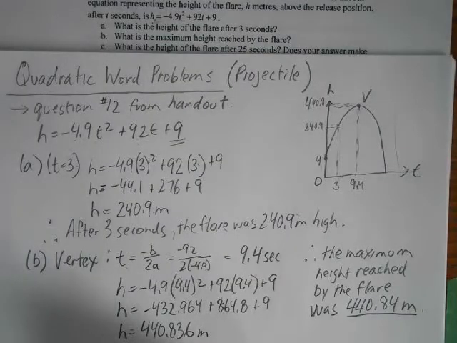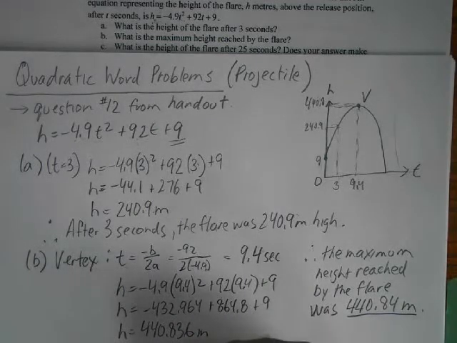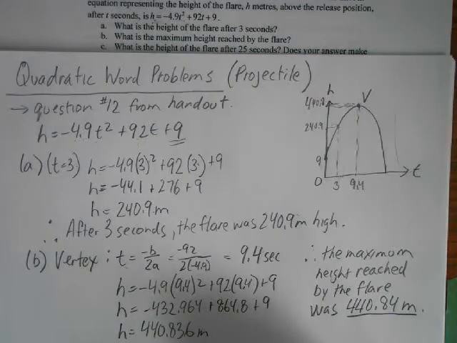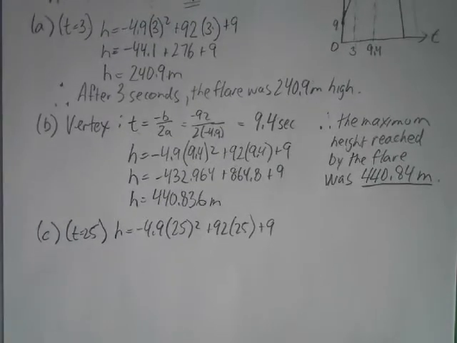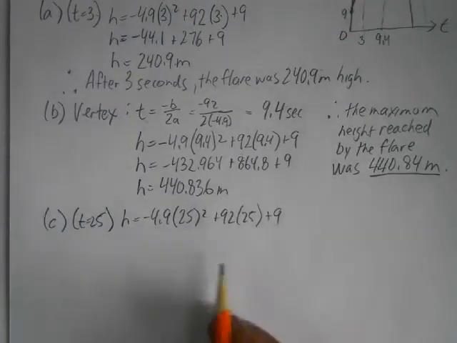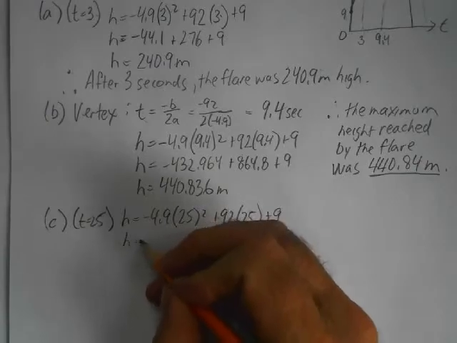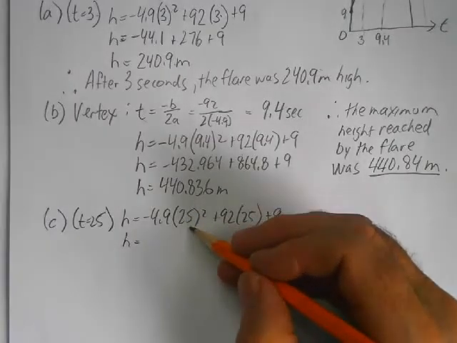So t equals 25. We've got h equals negative 4.9, 25 squared plus 92 times 25 plus 9. Oh, sorry, you couldn't see that. There we go. Okay, if we calculate these, this is going to be a huge number, right?